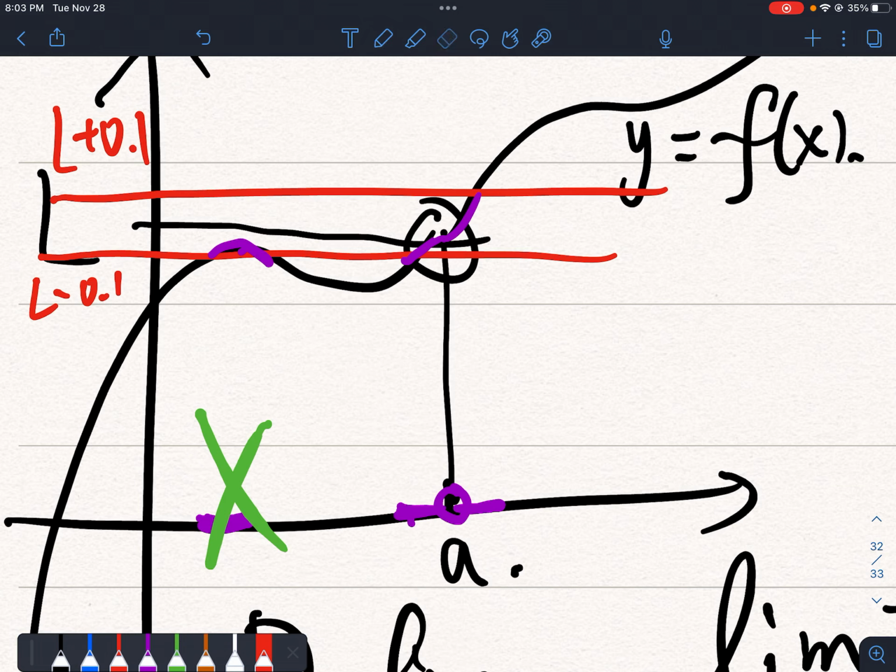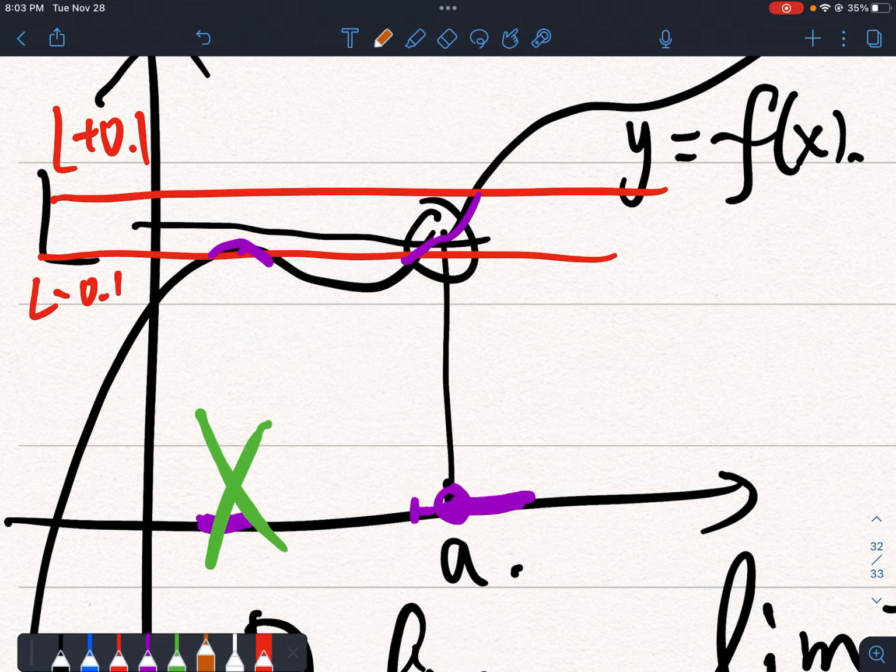Usually it is not symmetric, right? But all you need is some symmetric. So let me just make it not symmetric. So let's say, for example, here on the right, it's a very big interval, but on the left, it's very small.